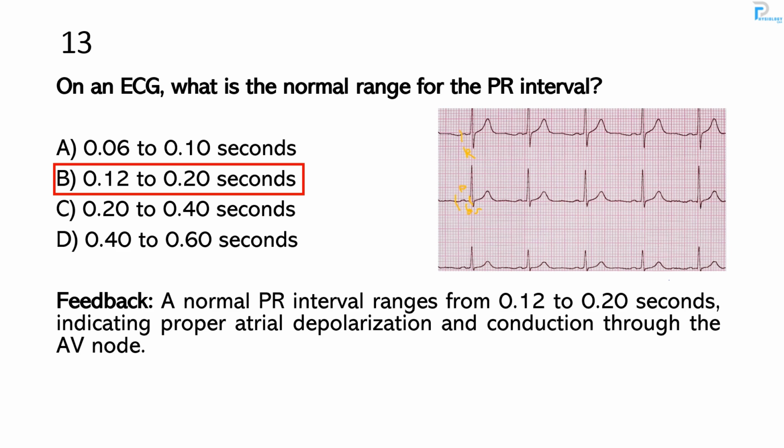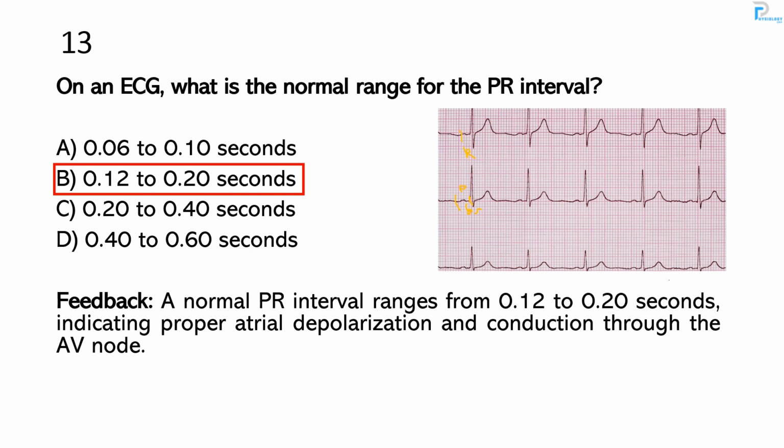The normal duration is 0.12 to 0.2 seconds, which is 3 to 5 small boxes. Here is 4, so it's considered normal. If it's less than 3, it's fast conduction. More than 5, it's considered as a first degree heart block.